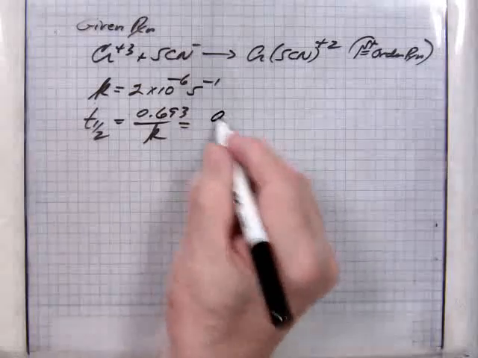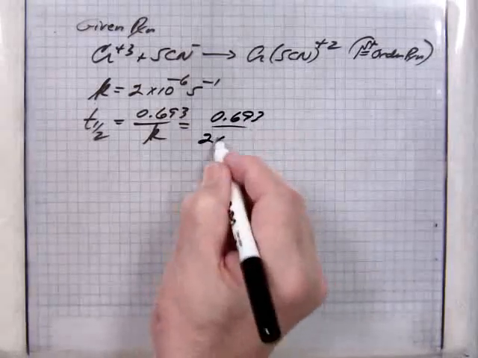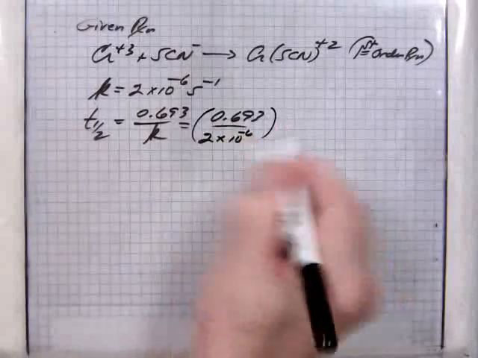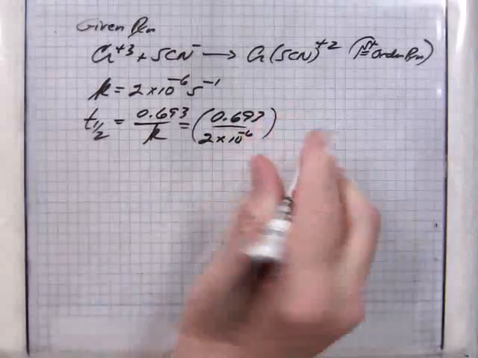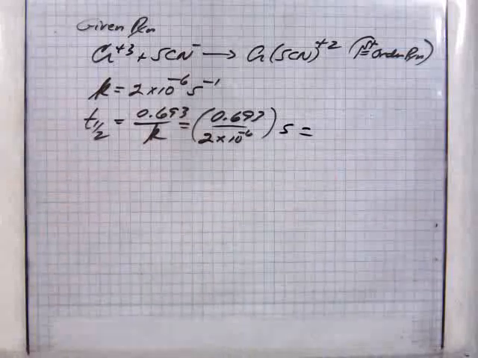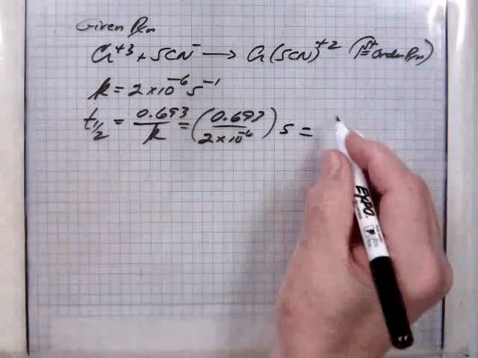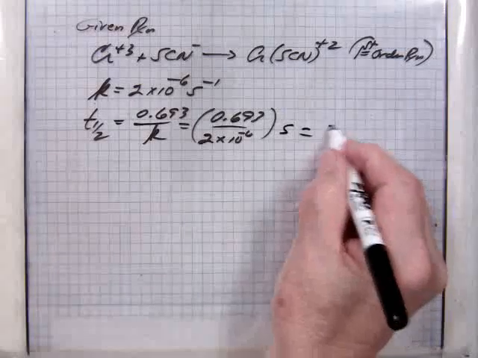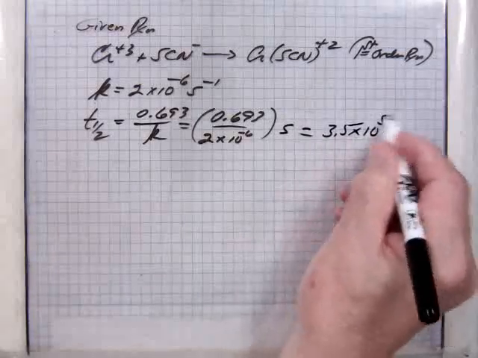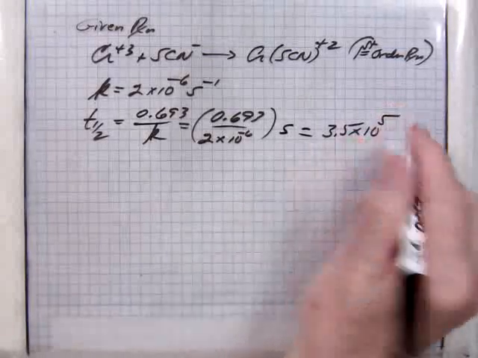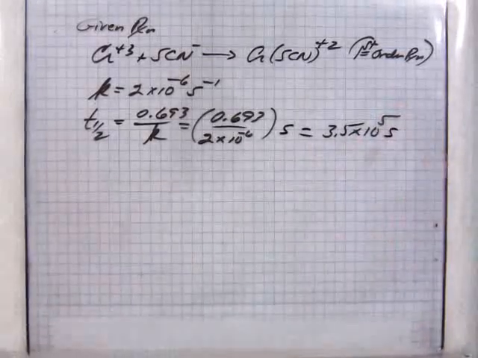And so this would be 0.693 over 2 times 10 to the minus 6, and that'll come out in seconds. And so that gives you 3.5 times 10 to the 5th seconds in the half-life, so it takes that long.